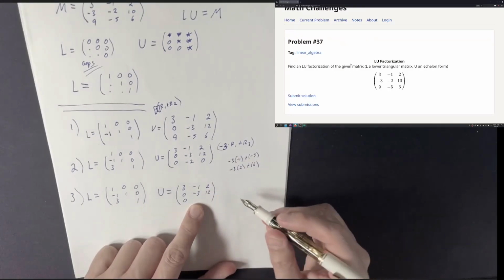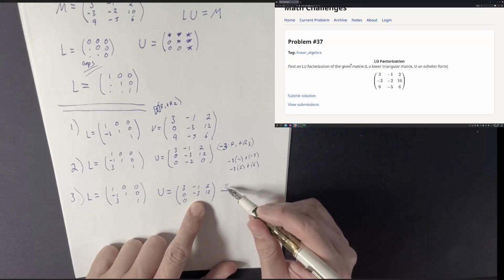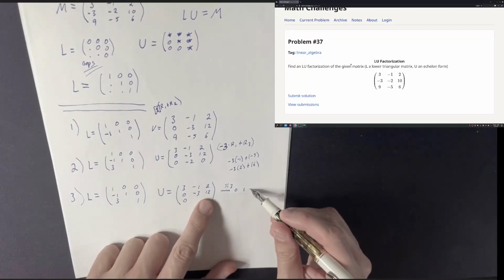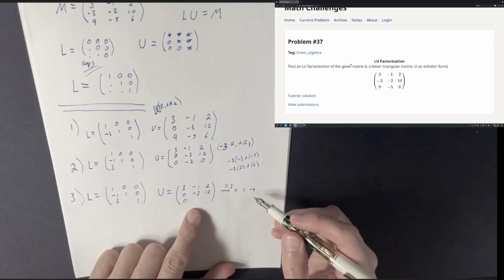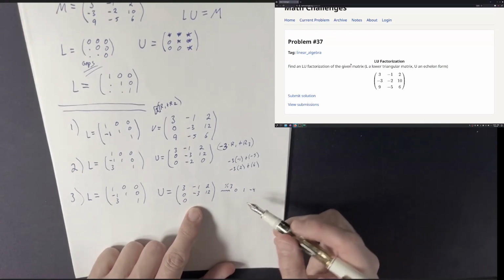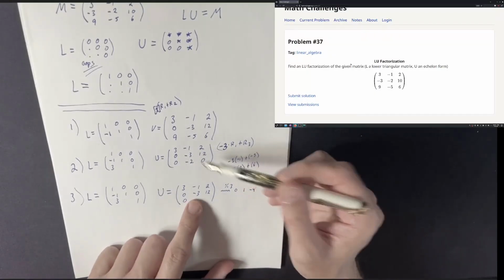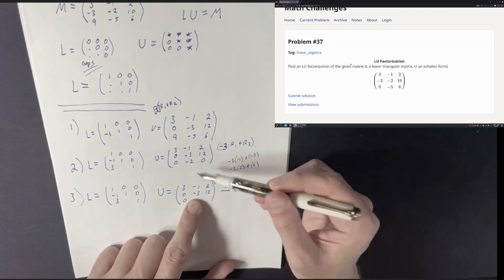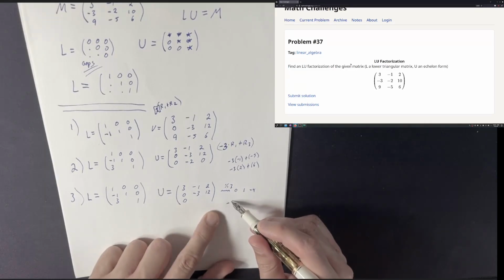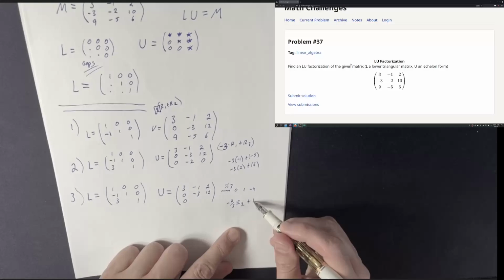If I divided by negative 3, it gives us 0, 1, and looks like negative 4. So the row operation I'm going to do is divide by negative 3, because this becomes a 1, and then add 2 times. So we're basically doing negative 2/3 of row 2, add that to row 3.